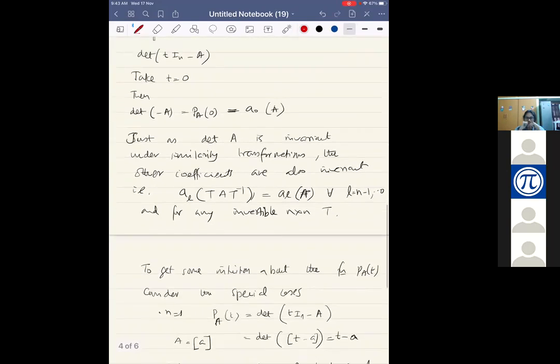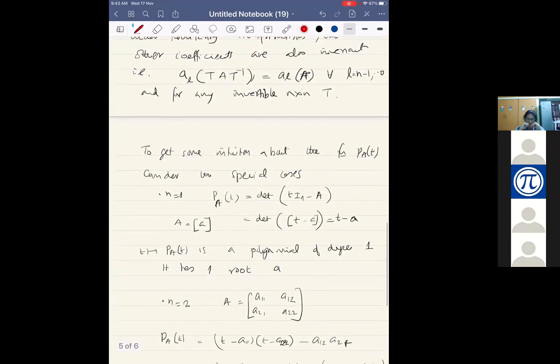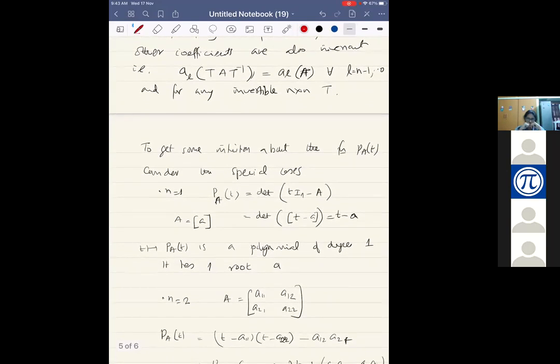And I have also claimed that, just like the determinant, the other coefficients are not arbitrary kinds of functions, but are invariant under similarity transformations of the n by n matrix. Namely, if I take the matrix A and pick some arbitrary invertible matrix T, put it in front of A, and put the inverse of T on the right, I get a new matrix.